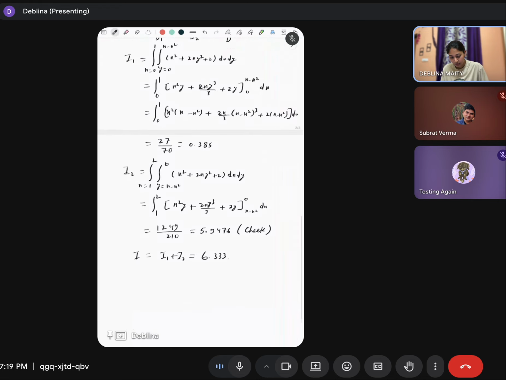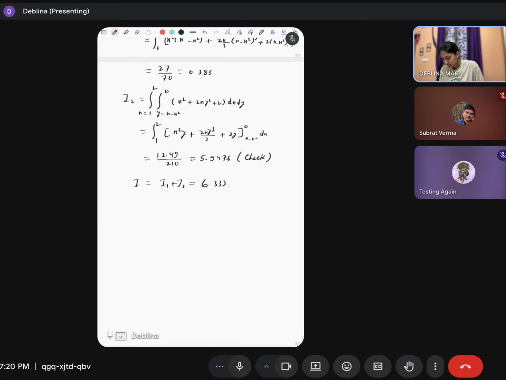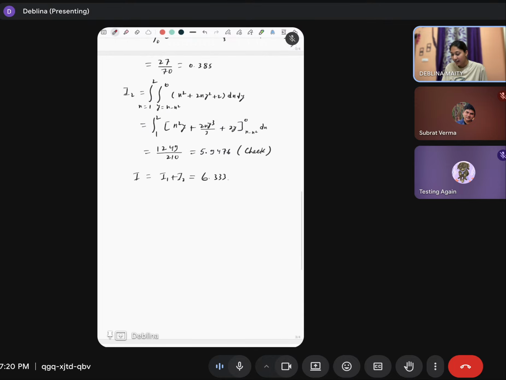Okay, let's go to question number 2. Question number 2 is we have to find out the integration by changing the variables. So evaluate the following.